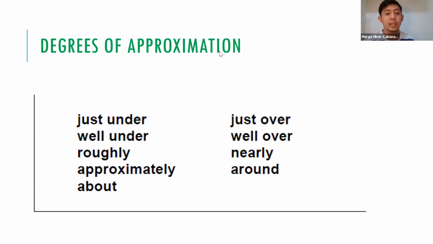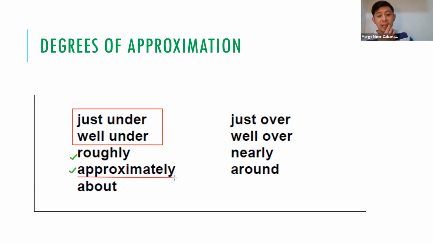You can use the words just under, let's say just under $25, well under 50%. You can also use the words roughly, approximately. You know what? Approximately is something that I should warn you about, because look at that spelling. What if you can't spell approximately correctly? So if you can't spell approximately correctly, use just under, well under.